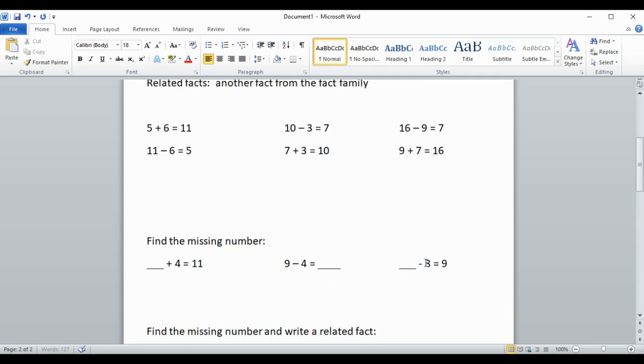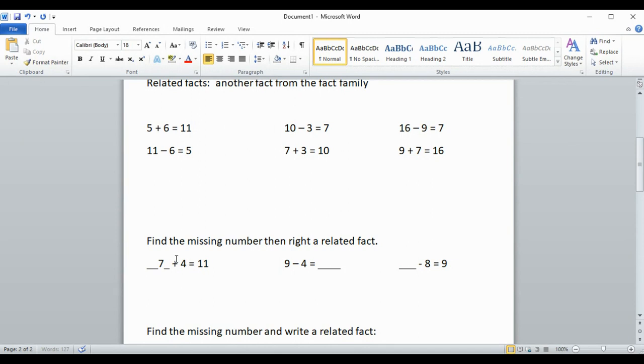So on your workbook page, it's going to ask you to find the missing number and then write a related fact. So this is what you're going to do. You're going to find this missing number. What goes in there? What plus 4 equals 11? It might be tempting to say 7. Well, and I hope you do because that's the right answer. 7 plus 4 equals 11.